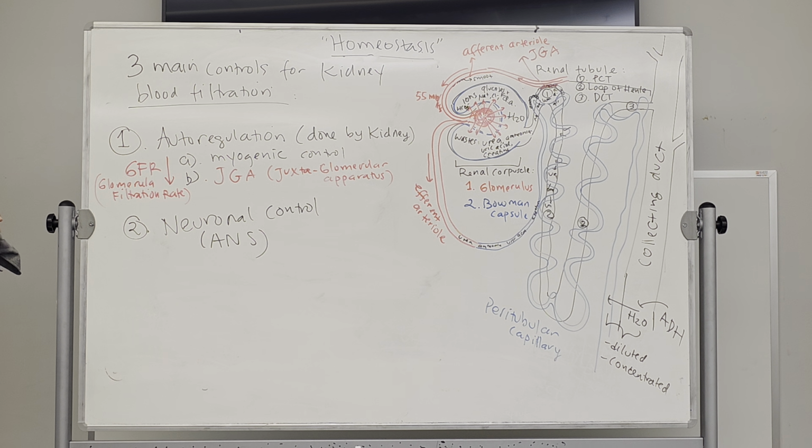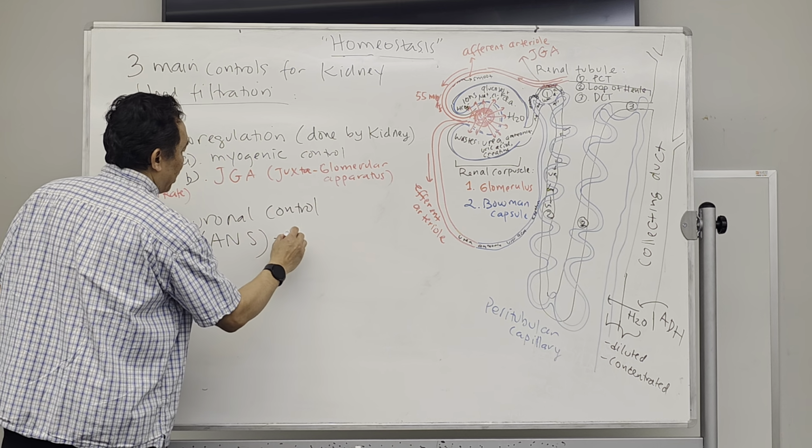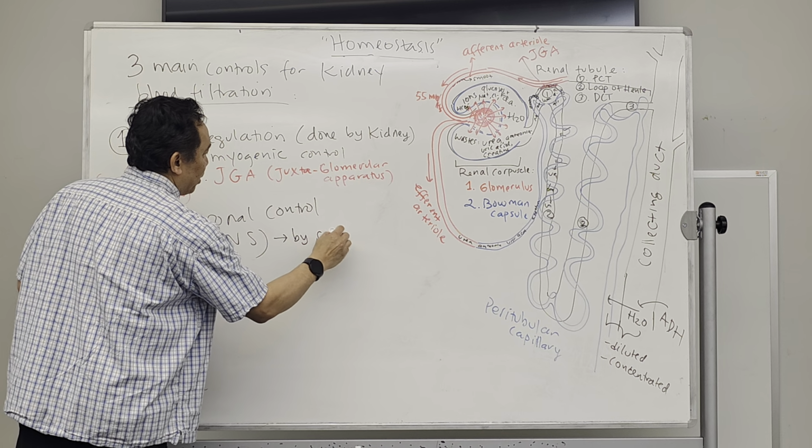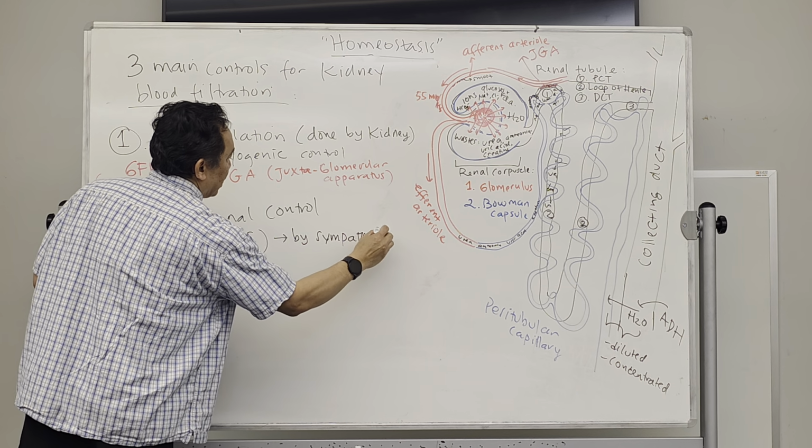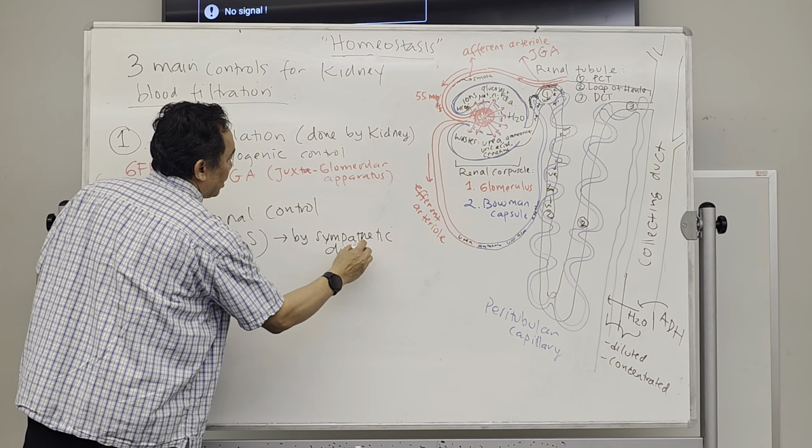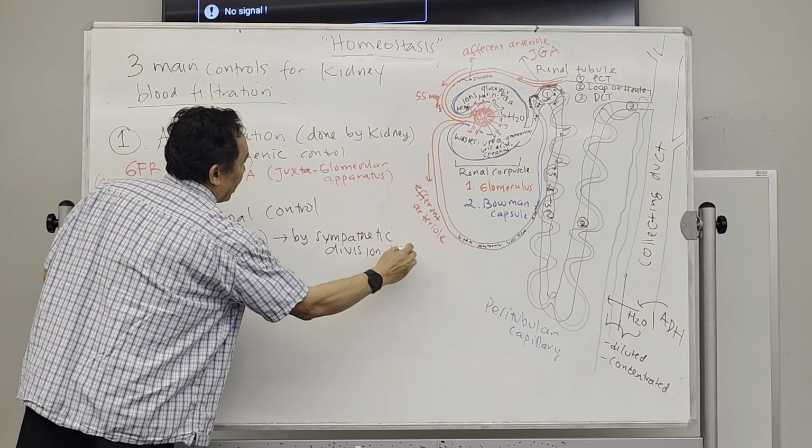The blood vessel is actually only controlled by the sympathetic division of the ANS.